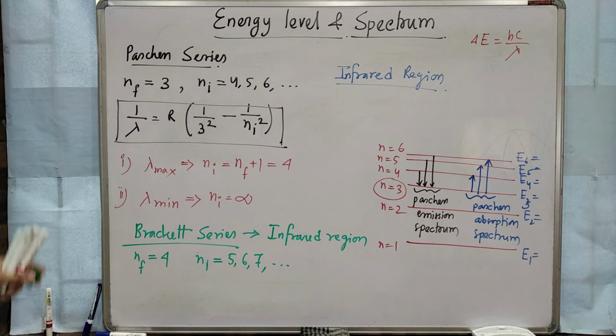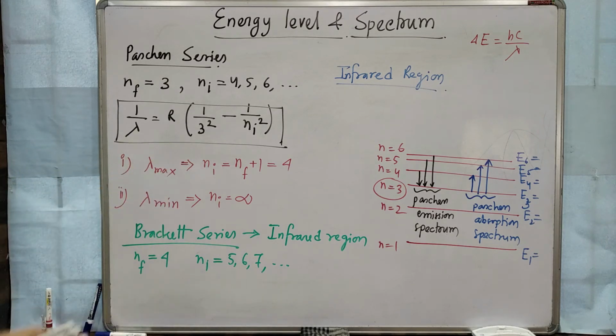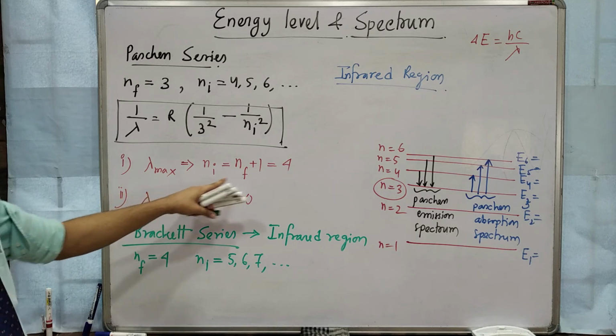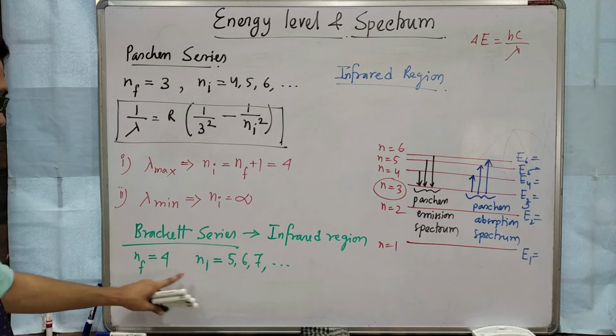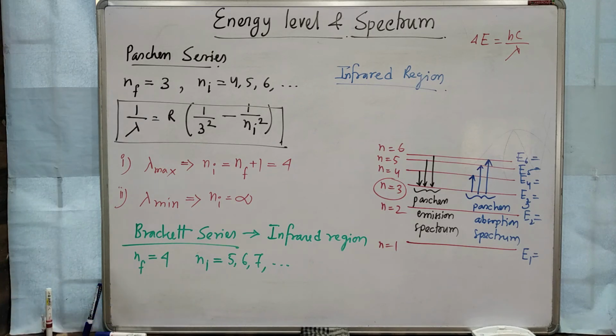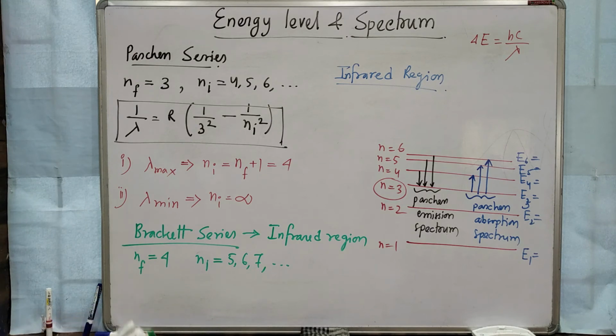The wavelength equation is the same, just in place of 3 you will write 4. For lambda max, ni will be nf plus 1, that means 5. For lambda min, ni will be infinity. So Paschen, Brackett, Pfund, these three types will lie in the infrared region.